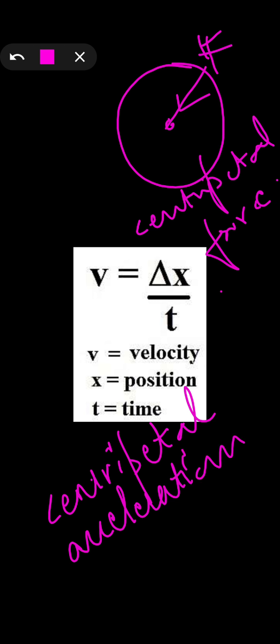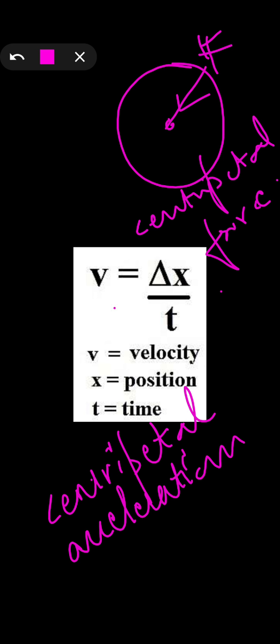So whenever a body moves along a circular path, it is acted upon by an acceleration along the radius and towards the center of the circular path. This acceleration is called centripetal acceleration. Got it? The term used in this is uniform circular motion.